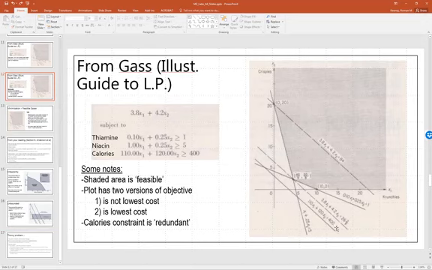Okay, and so essentially what has happened here, if we look back to this picture, if you take this thiamine constraint, instead of saying make it greater than or equal to, you say make it less than or equal to, then you are changing the picture from what we had before and saying go underneath this constraint.